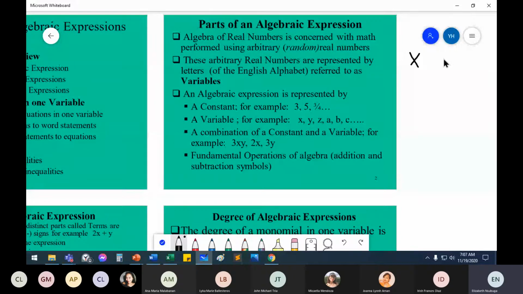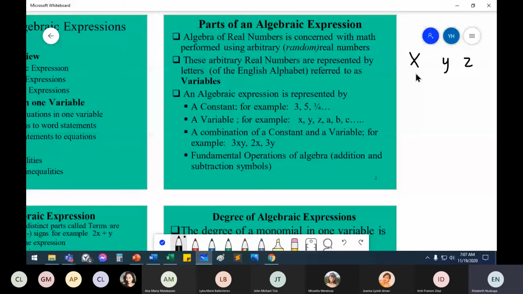You can use any letter from the alphabet to represent an unknown, and that will be referred to as a variable. So it could be X, Y, D, P, whatever you want. But usually in mathematics, the standard letters they use, if we don't need so many, are X, Y, or Z. And then they'll start with A, B, C to represent a variable.